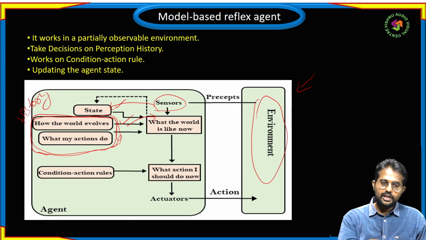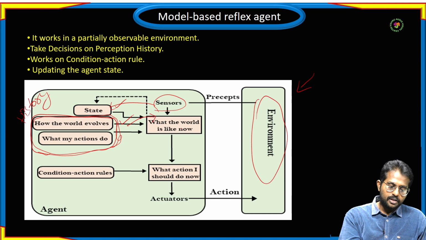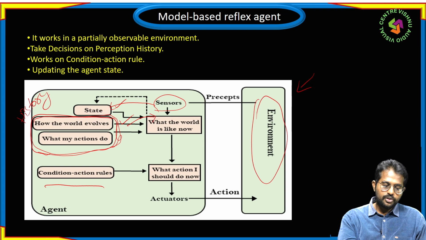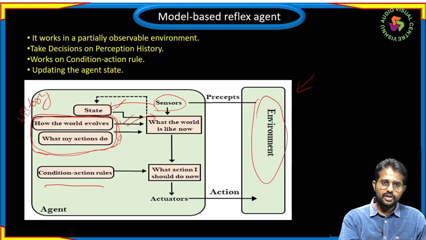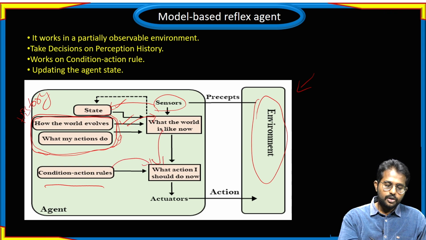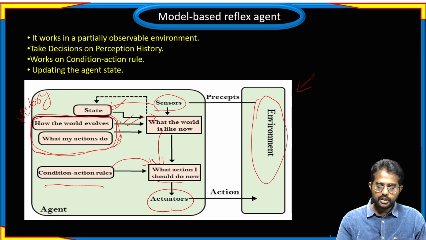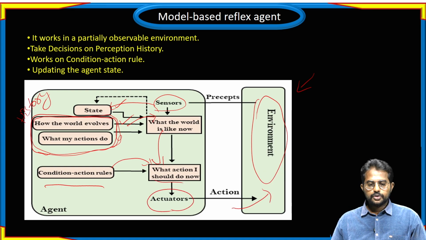This agent will also have condition action rules, and based on the decision we have taken and the condition action rules, we will take an action. That action will be done using actuators in the environment. So this is the model based reflex agent.